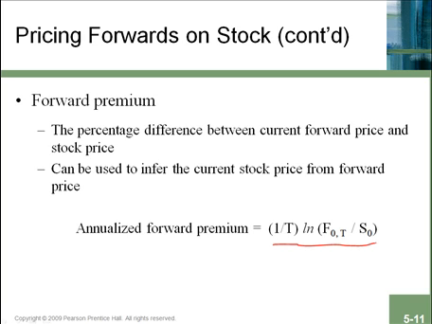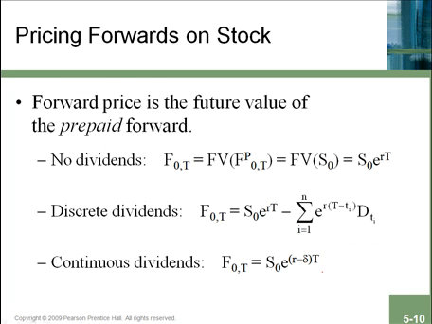How could you know under what conditions that was going to happen? In other words, how would you know when there was going to be a forward premium versus a forward discount? Well, if you look at the formula on the previous page, it's pretty easy. If the risk-free interest rate is more than the continuously compounded dividend yield, then this factor, e to the (r minus delta) times t, will be more than 1, and it'll cause the forward price to be more than the current stock price.